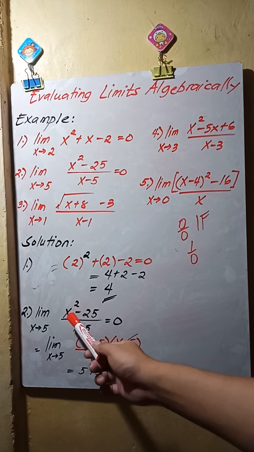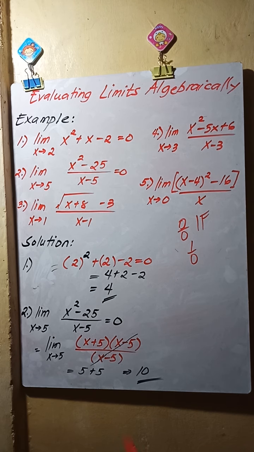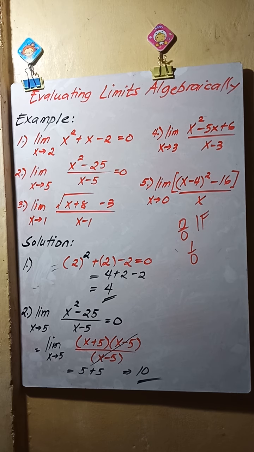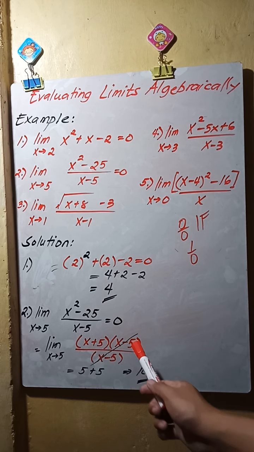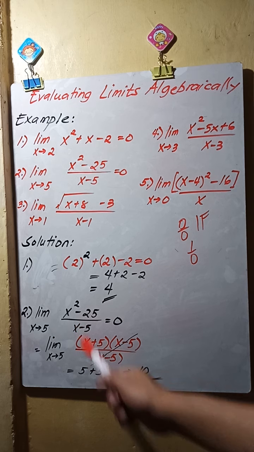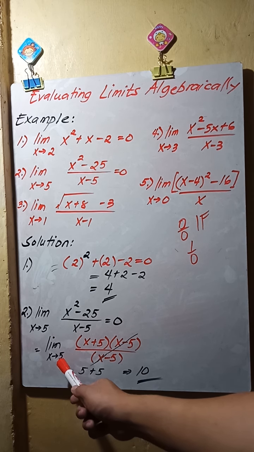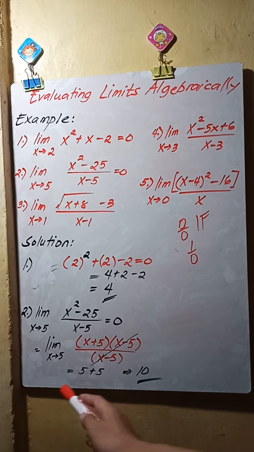So gagawin lang natin yung x squared minus 25 is to factor out. So pag factor out natin yung x squared minus 25, that is x plus 5 times x minus 5 all over x minus 5. Take note na andyan pa yung limit kasi wala pa tayong nilalagay na value ng x. So canceled out.